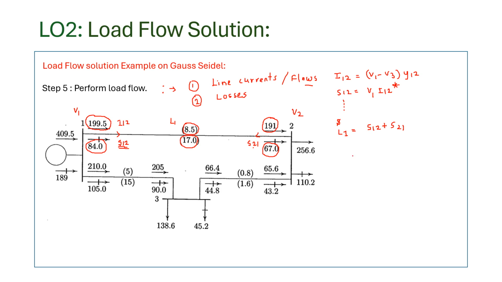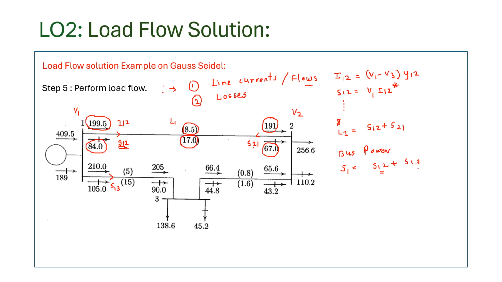Once we get this, we have to calculate the bus power. So what is bus power? Bus power is S1, and S1 is equal to S12 plus S13. S12 is the line flow from bus 1 to 2, and S13 is the line flow from bus 1 to 3.